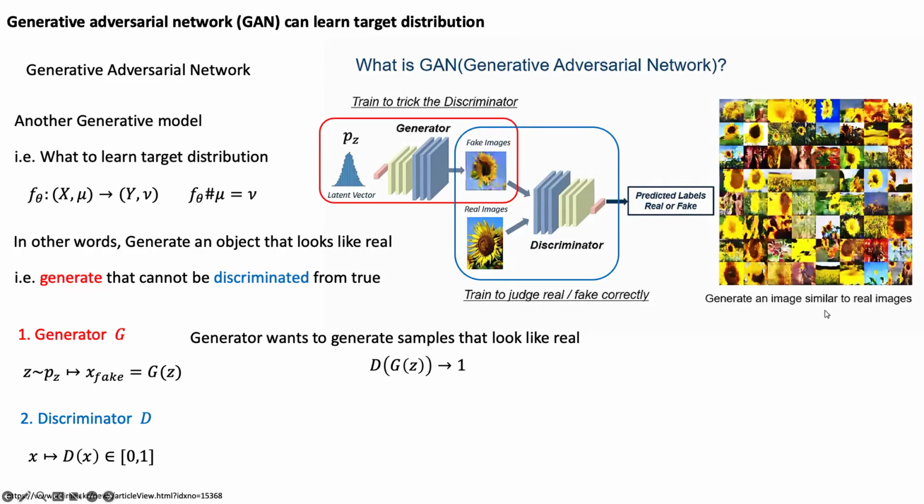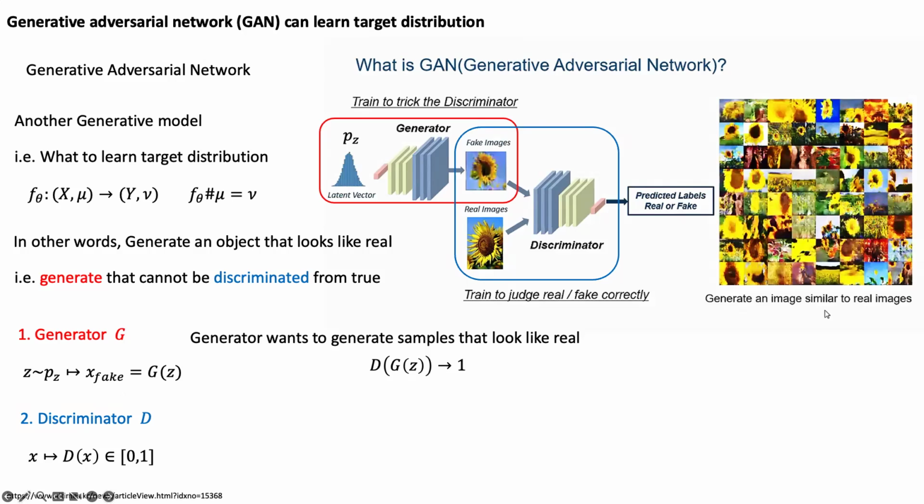So now for the generator, what the generator wants to do is to generate samples that look like real. So this G of z is a sample that the generator generated. And if you put it to the discriminator, it should ideally converge to 1, so that it is high probability.